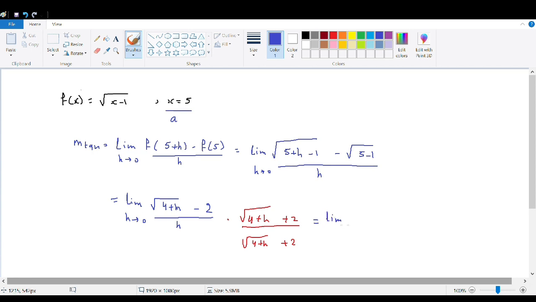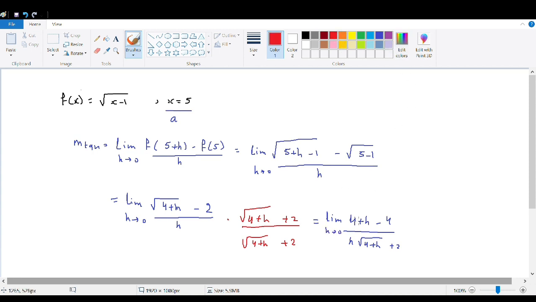So this will give us the limit of, this root will cancel with this root, so we are left with 4+h, then minus 2 multiplied by 2, so minus 4, divided by h multiplied by root of 4+h plus 2. We take the limit when h approaches 0.